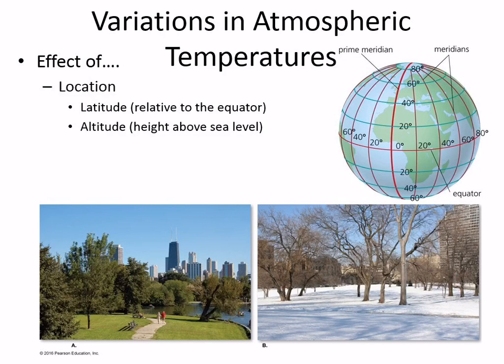Okay, so latitude can affect what your temperature is. What else can affect your temperature? Well, where you're at as you orbit the sun. Today we're going to use this as the sun, and of course here's the Earth. As the Earth orbits the sun, that's what gives us seasons.